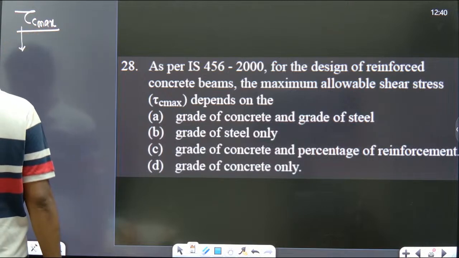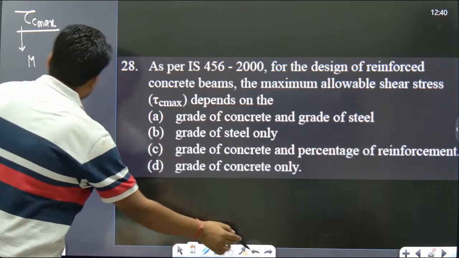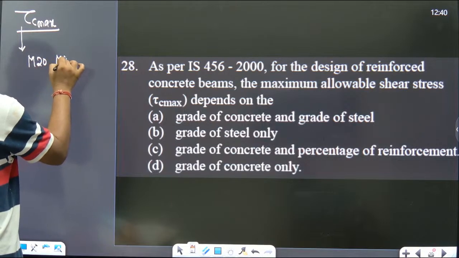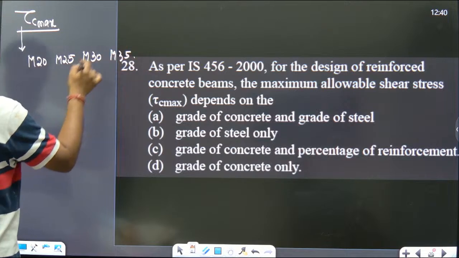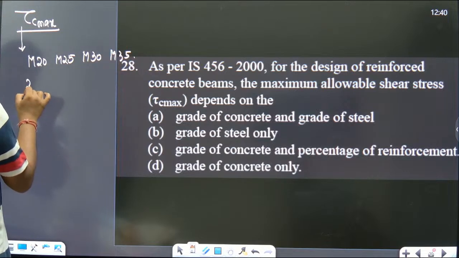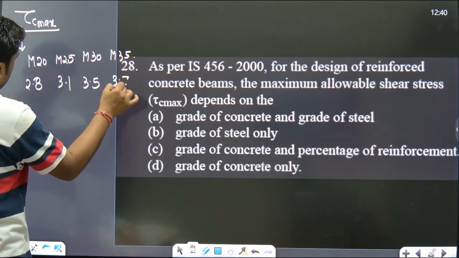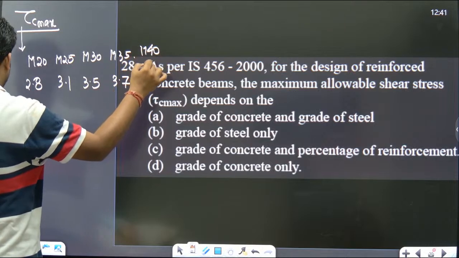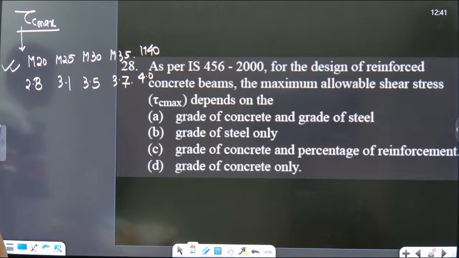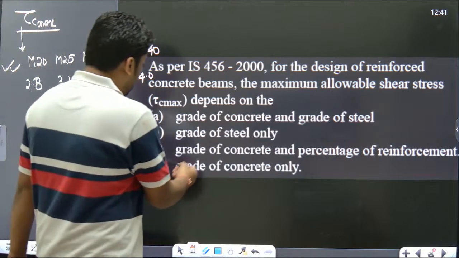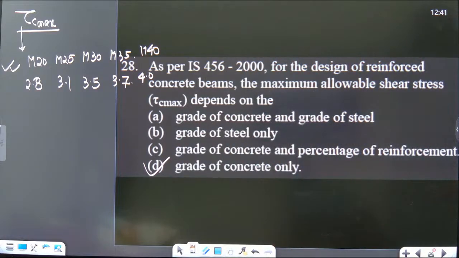For LSM, the values for M20, M25, M30, M35 are 2.8, 3.1, 3.5, 3.7, and for M40 and above the value is 4. So this depends only on the grade of concrete. Option D is the correct answer. Are you getting my point everyone?